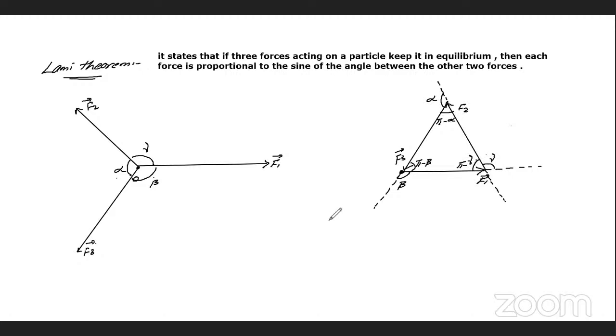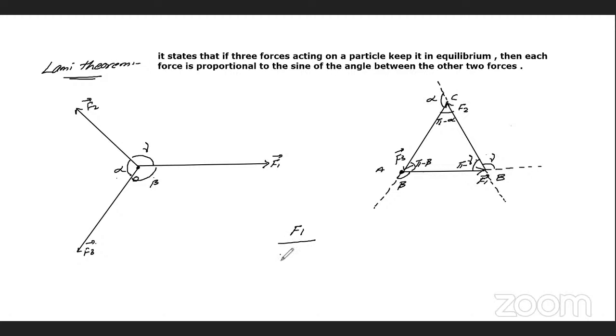So let's see the relations in this case. From these pictures, F1, F2, F3 are represented by the sides of triangle ABC. I'll take this as point A, this as point B, and this as point C. So this is your triangle ABC. When you apply the law of sines, F1 is opposite the angle pi minus alpha.